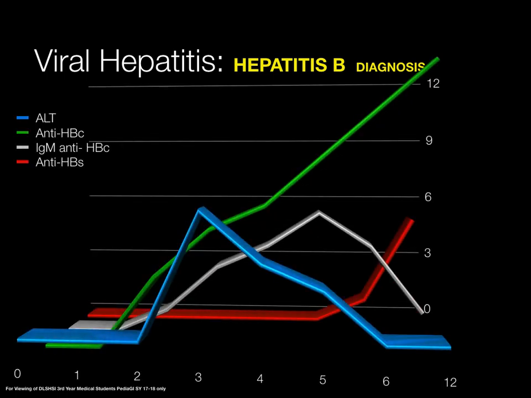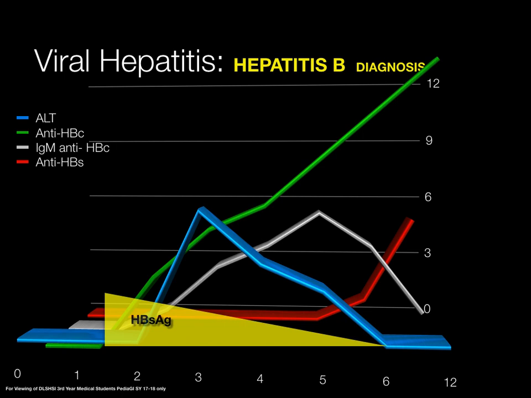Here is the graph showing the rise in liver markers, which coincides with the rise in hepatitis B markers, as well as the symptoms.